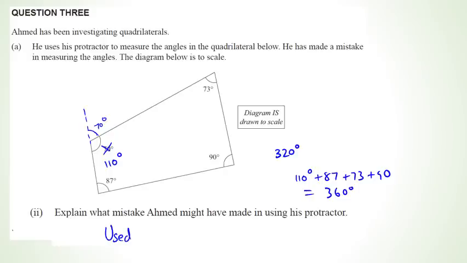So really, using the wrong side of the protractor is probably the answer we're looking for here. And what is this question worth? Just an achieved. Okay, we go to the next question.